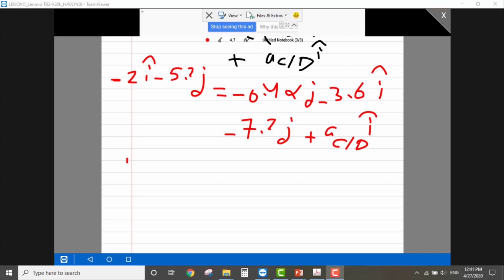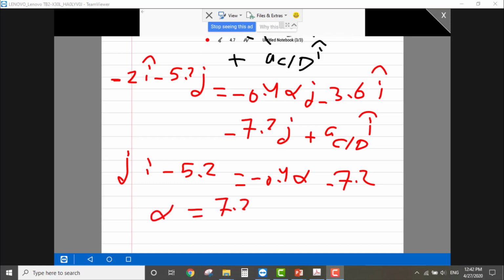Starting with the J equation, on the left side we have minus 5.2, and on the right side we have minus 0.4 alpha and minus 7.2. Put alpha on one side and everything else on the other side: 7.2 minus 5.2 divided by minus 0.4.